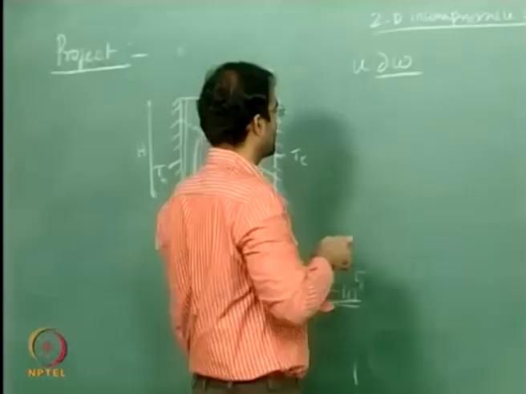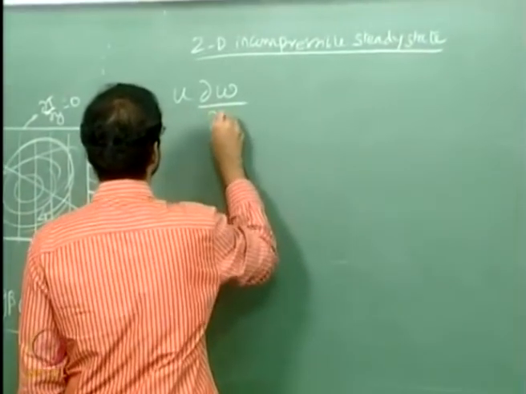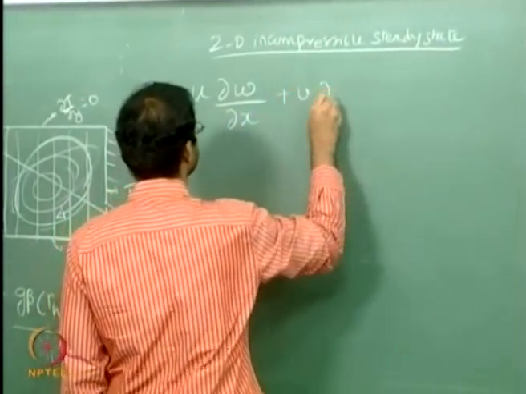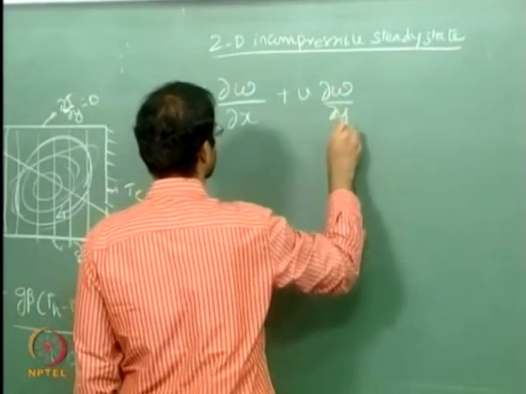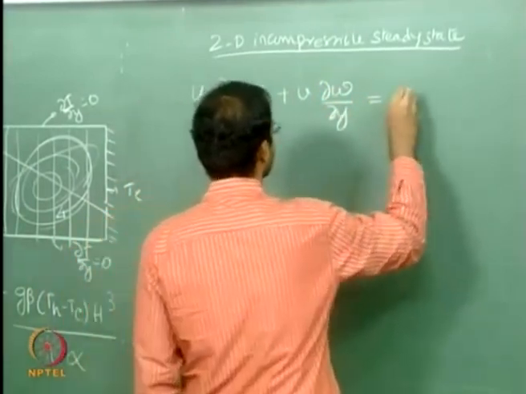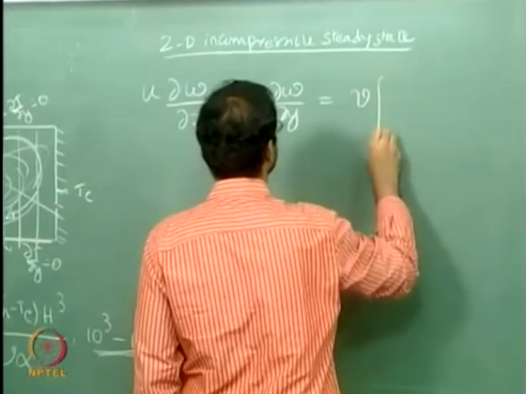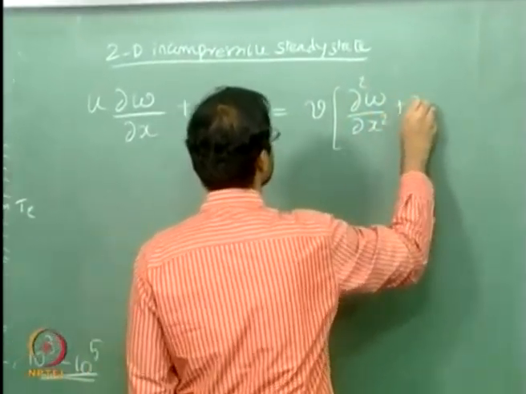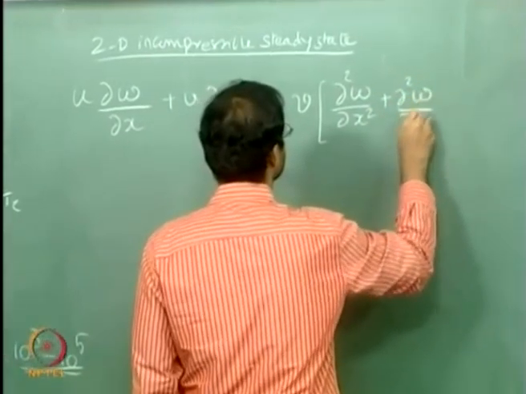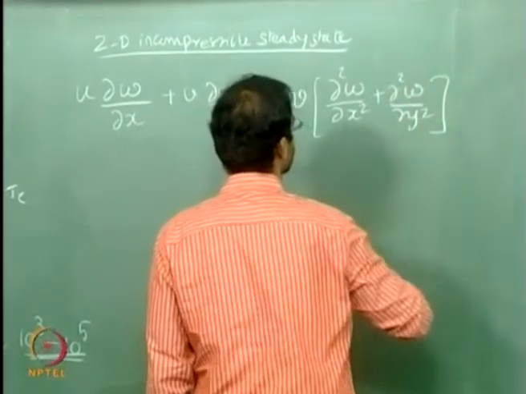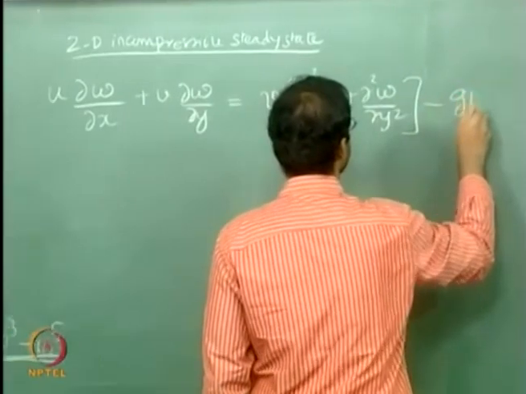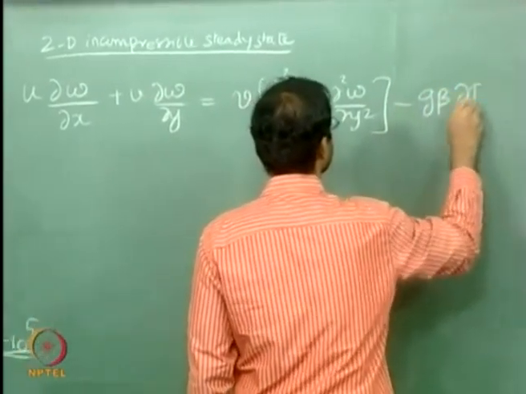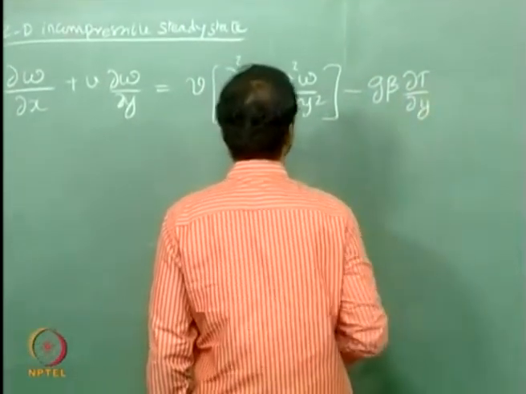Okay, so therefore the steady state equations will be minus g beta, it will be dT by dy.